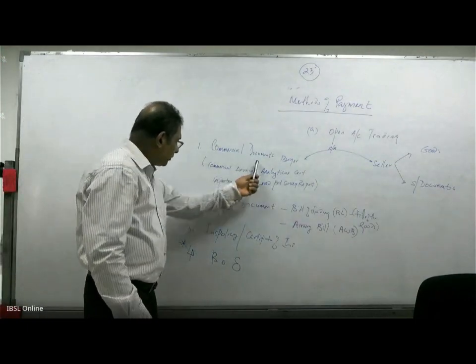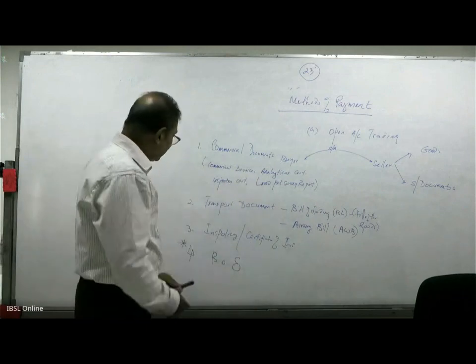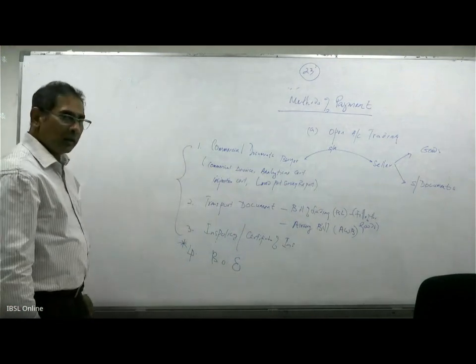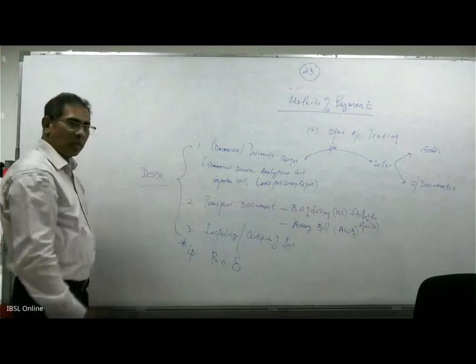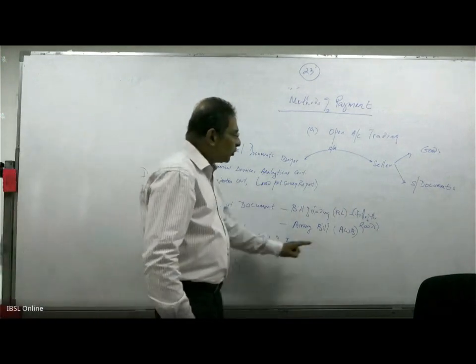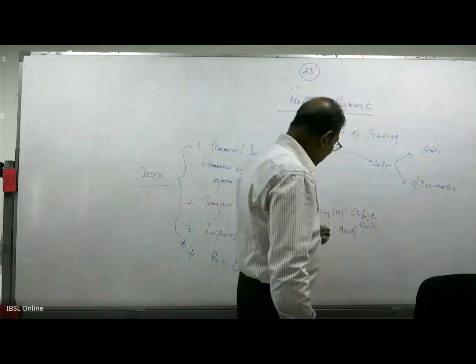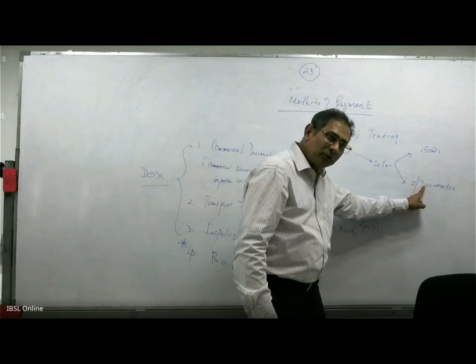So you have the commercial documents, the transport documents or TDs, and the insurance policy or IPs. When you put all these three documents together, these are called documents. This is the document that I was talking about here. Now, in these documents, you have a transport document as well.